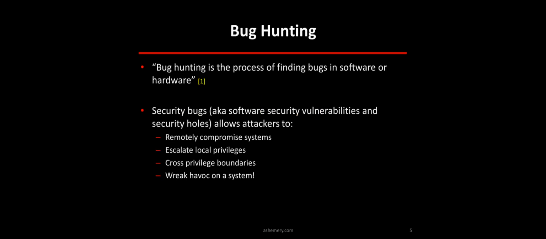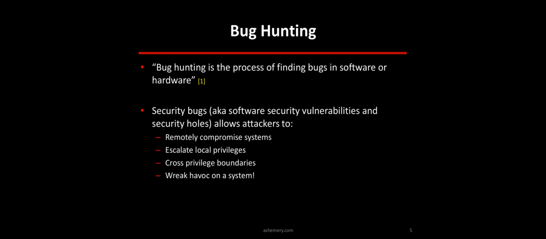So bug hunting, what's bug hunting? It's a process of finding these security holes, I would say, or vulnerabilities, whether in software or in the hardware. So the idea is, what's the process that you will take to find these bugs?